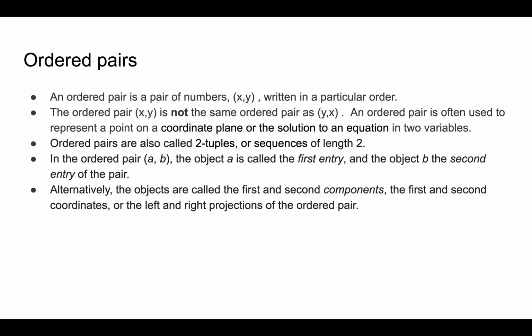Alternatively, the objects are called the first and second components. As we have seen, A is the first entry, B is the second entry. Likewise, it can be said that it is a first component, a second component, or a first coordinate, a second coordinate, or a left projection and a right projection of the ordered pair AB.